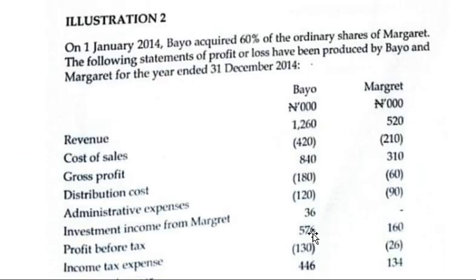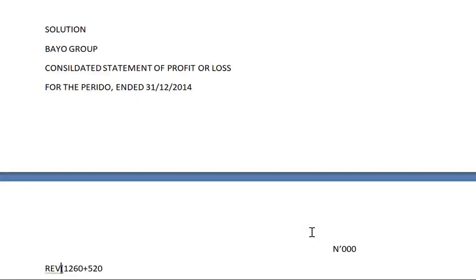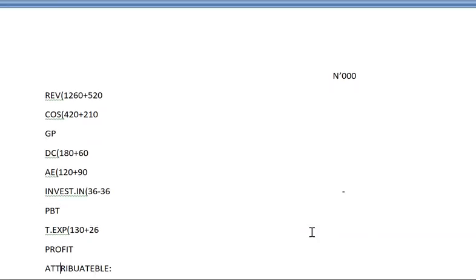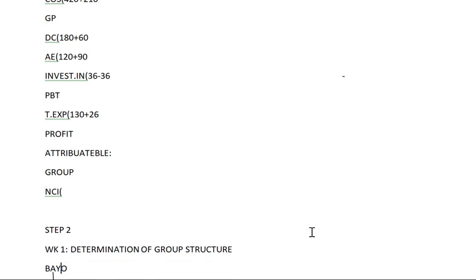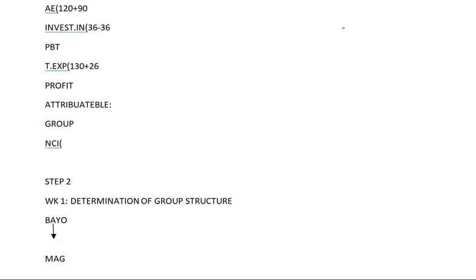Buyer acquired how many? 60%. So meaning the NCI is 40%. Very, very important. So you have it like this, 60%.